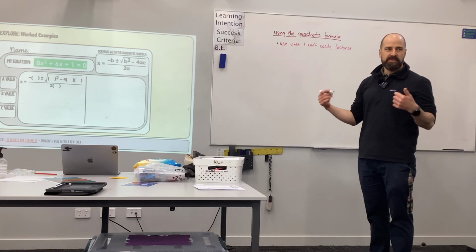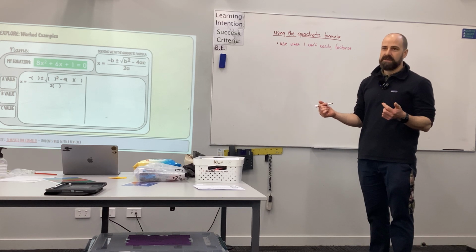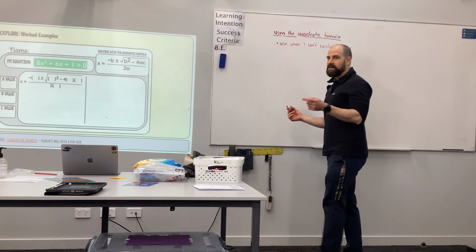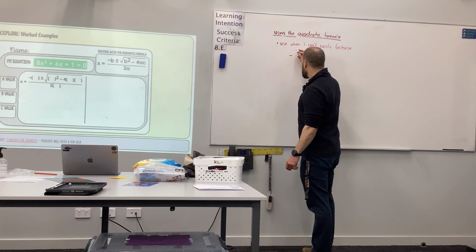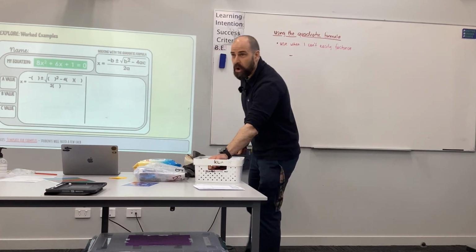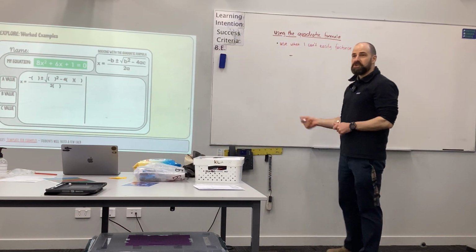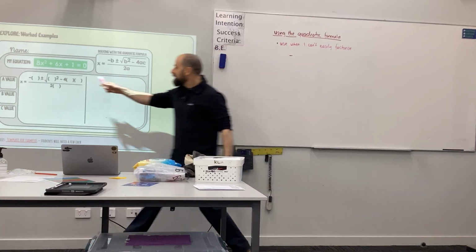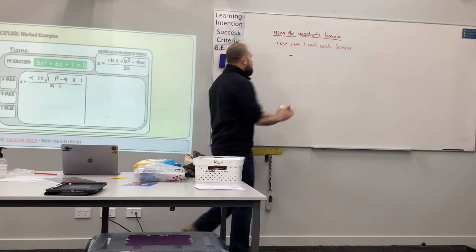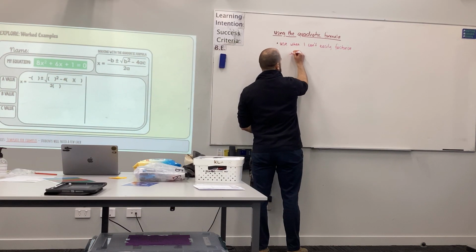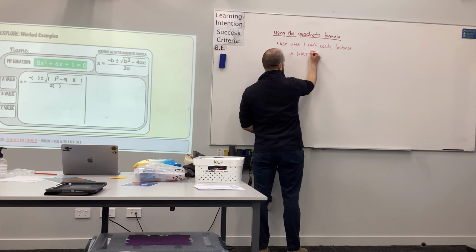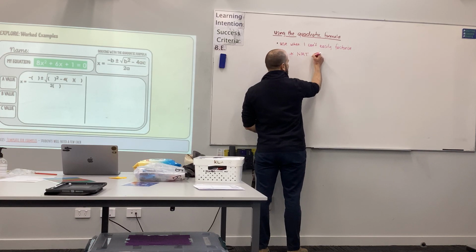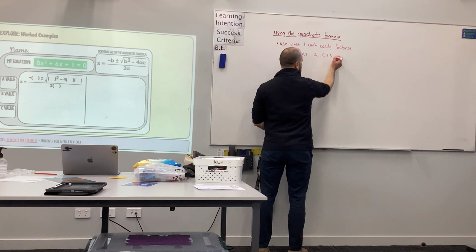Which ones take us a little bit longer or a bit trickier to factorise? What's the one after the perfect square? Completing the square. No, the one where there's a number here. Yeah, so it's non-monic when there's a number here. So non-monic trinomials, and completing the square.